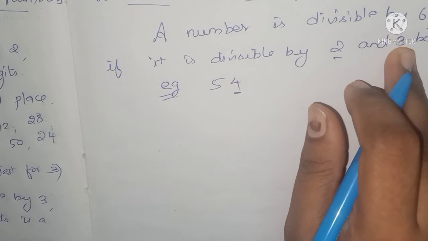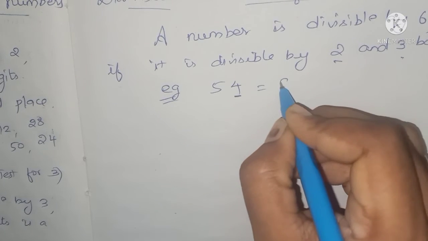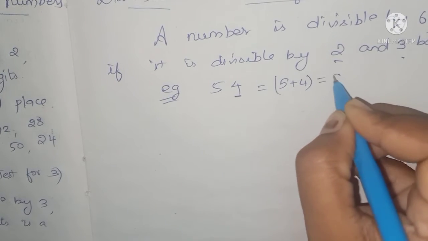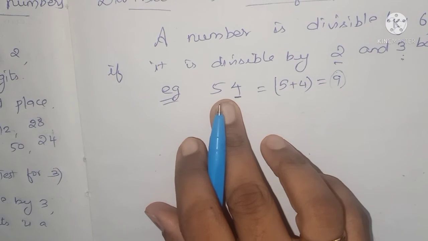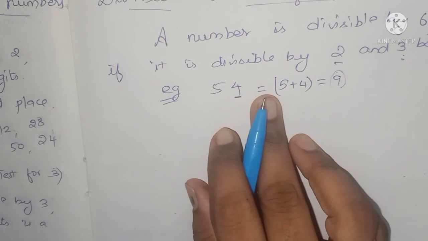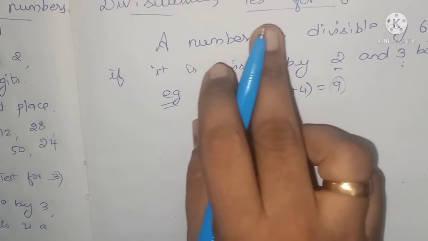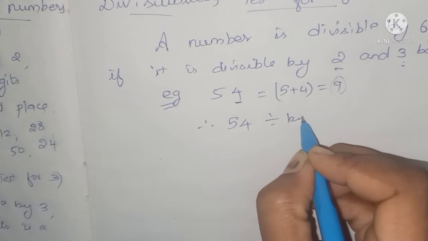When we consider the test for 3, 5 plus 4 is equal to 9. So 9 is a multiple of 3. So this 54 is divisible by 2 and as well as 3. So we conclude that 54 is divisible by 6. Therefore we say that 54 is divisible by 6.